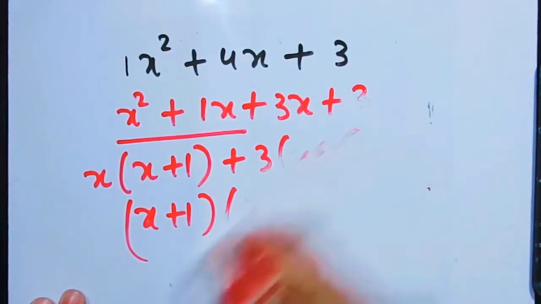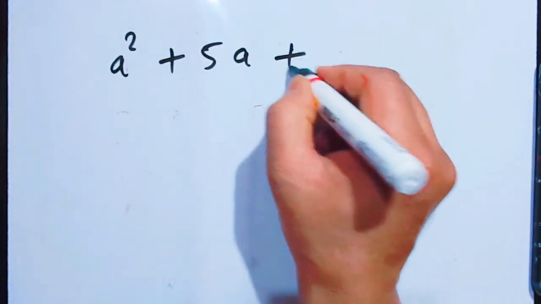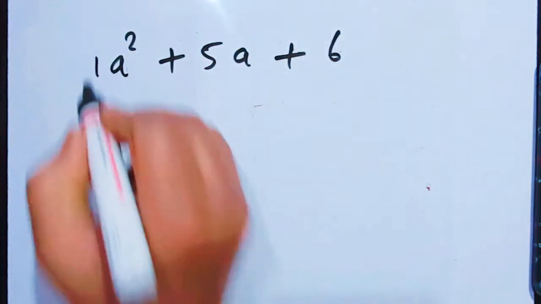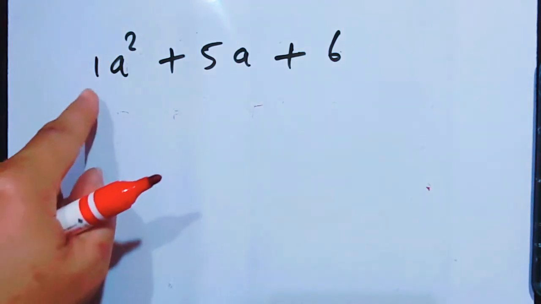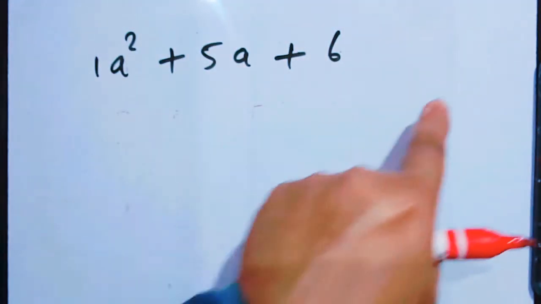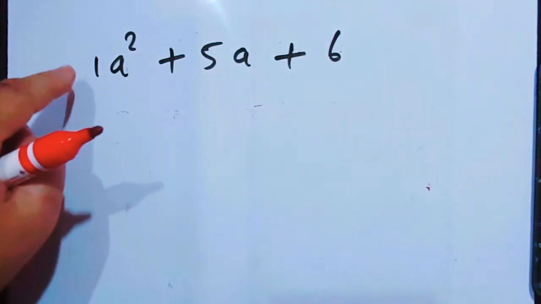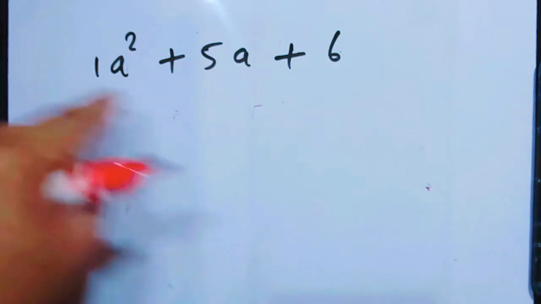Let us take one more, that is a square plus 5a plus 6. A square plus 5a plus 6. See here I don't have any number in front, still I am taking it as 1. You will say, why are you taking 1? If instead of 1 there were 4, 5 or 8, naturally then you would have to take that.